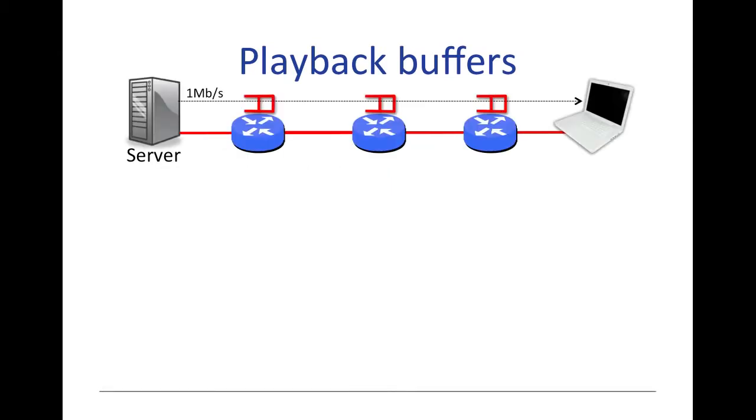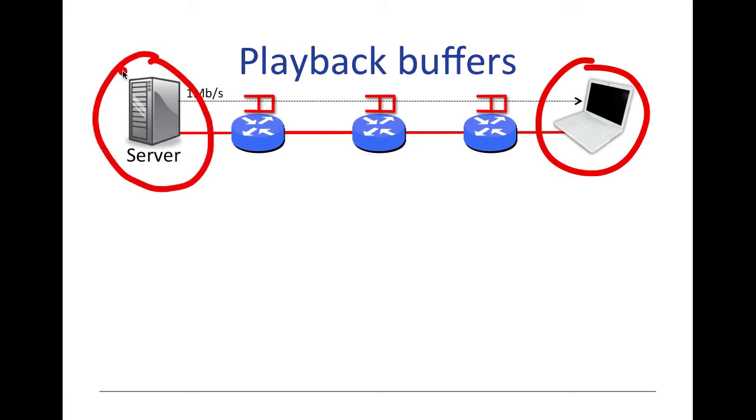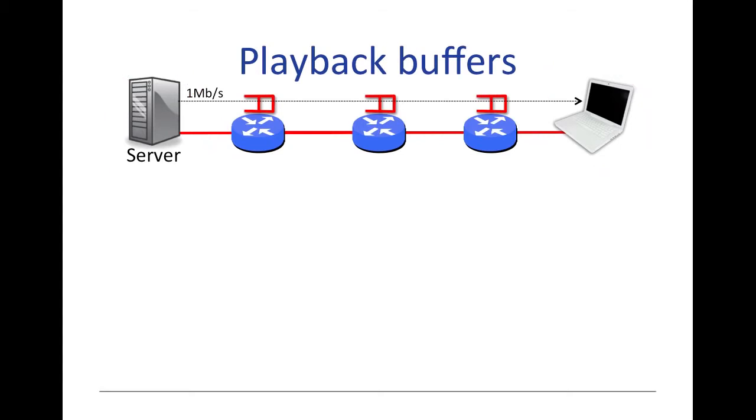If we look down into a little bit more detail, we're going to take as an example this setup here. Imagine we're watching a YouTube video on the laptop on the right, and it's streaming video from the YouTube server on the left. We're going to assume that the video is being streamed at 1 megabit per second. Now this is just a made up number.